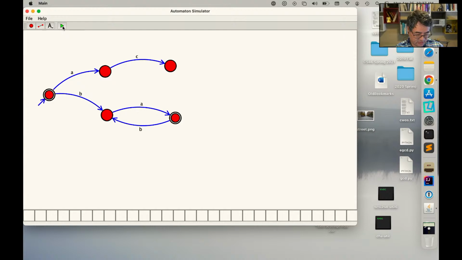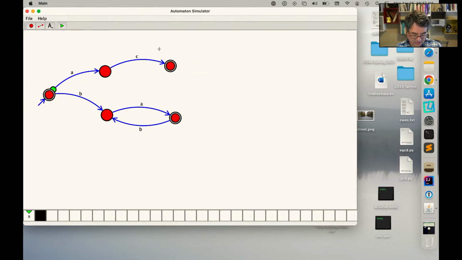If I click this little green button here, I can type in some symbols and you can see it follow each one of the transitions. So I will do AC, which is one of the strings it accepted. Oh, I need to also mark this one as being a final state.